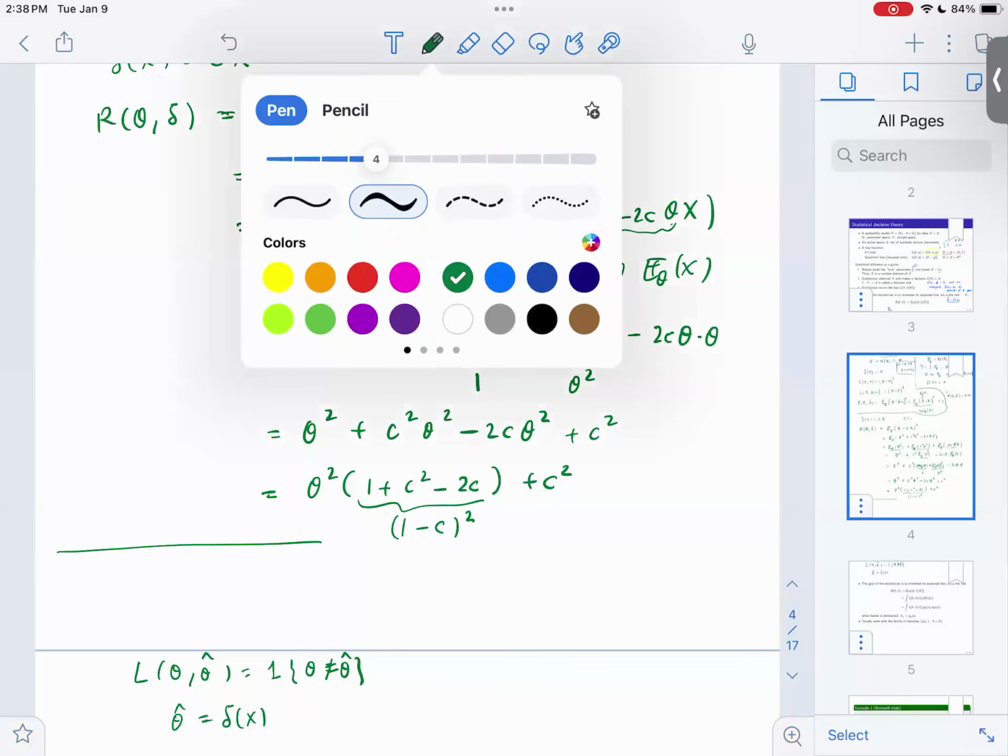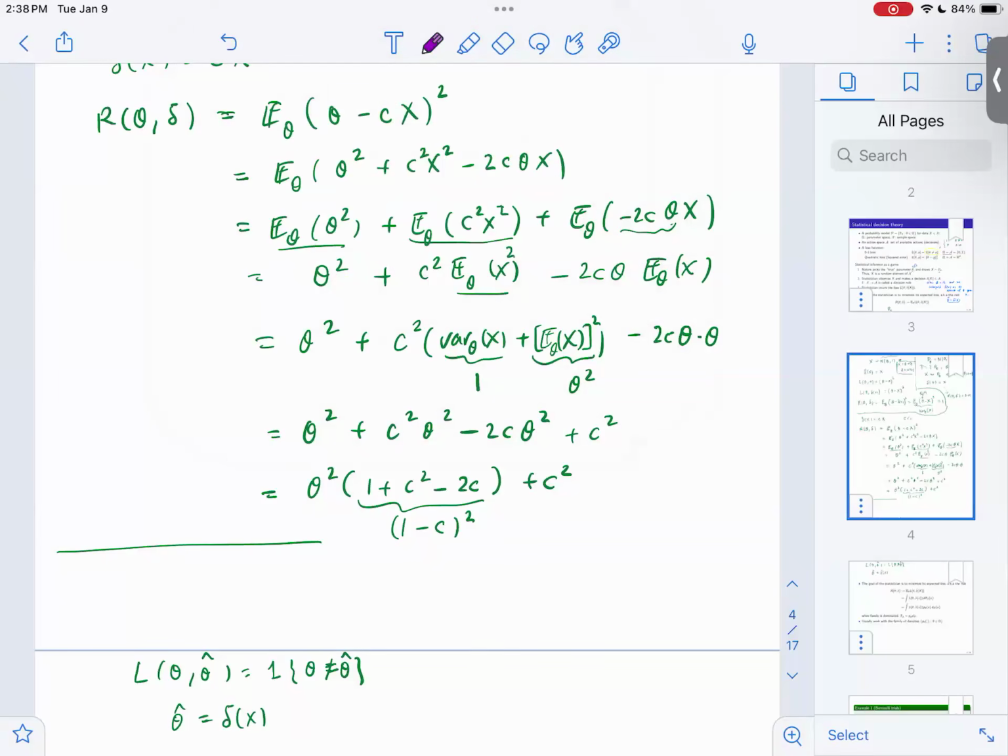Okay, let's do it another way where you can check. A better approach is to add and subtract the mean of cx. What is the mean of cx? C theta. I add and subtract. When you square, the first term comes out as (1 minus c) theta squared plus c squared.